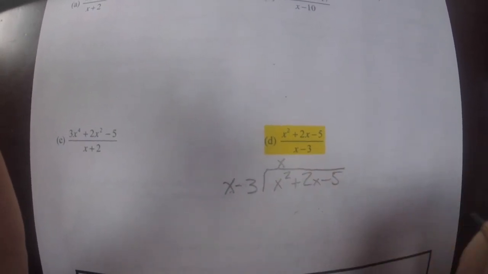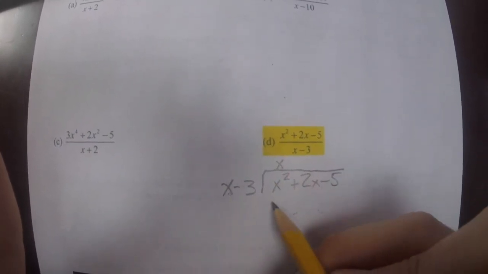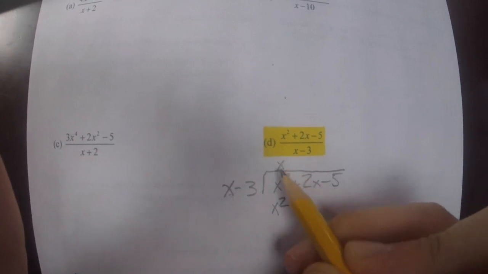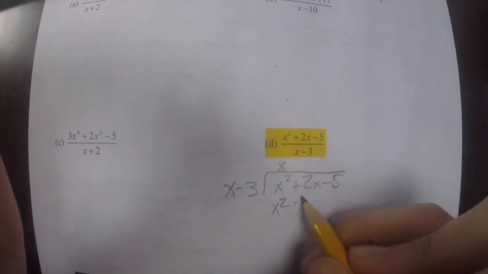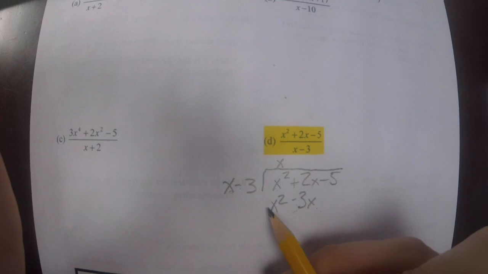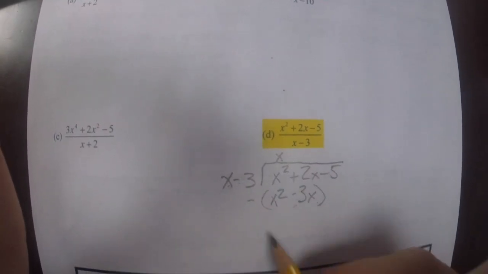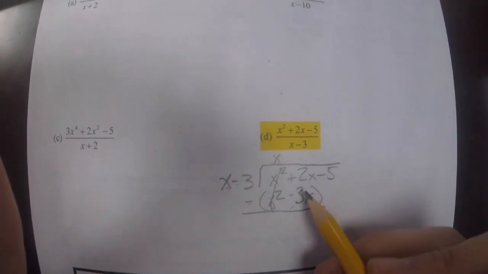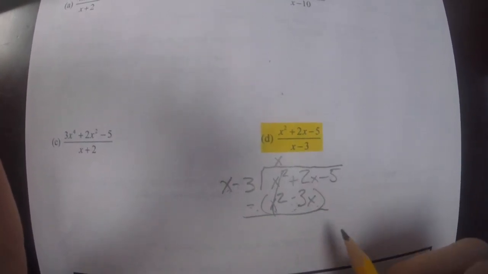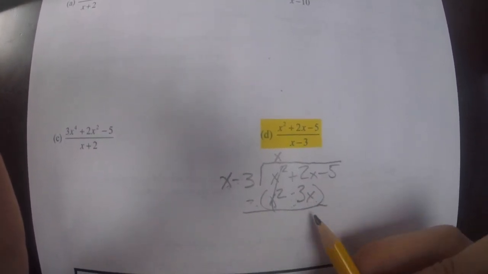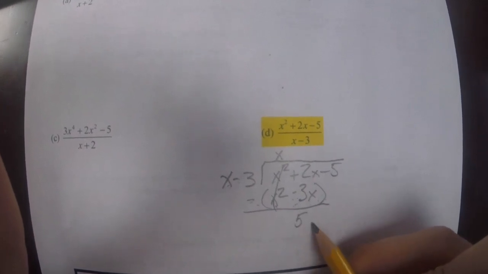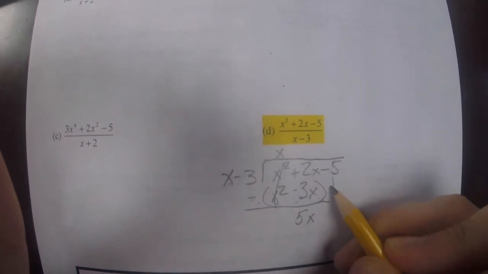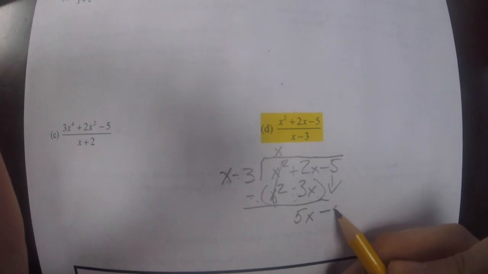I think that's just good old x, because x times x is x squared. And now I have to do x times negative 3, which is negative 3x. And remember, I'm subtracting this entire thing. x squared minus x squared, they cancel, that's good. 2x minus negative 3x, that's really 2x plus 3x, which is 5x. Bring down my negative 5.